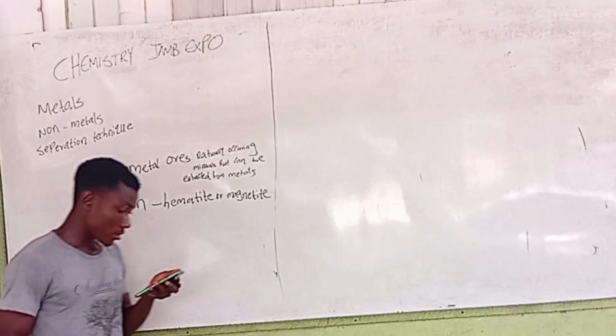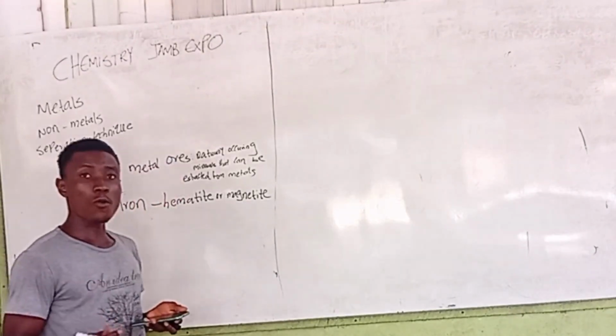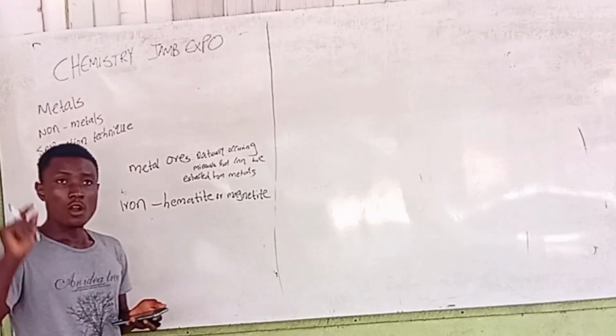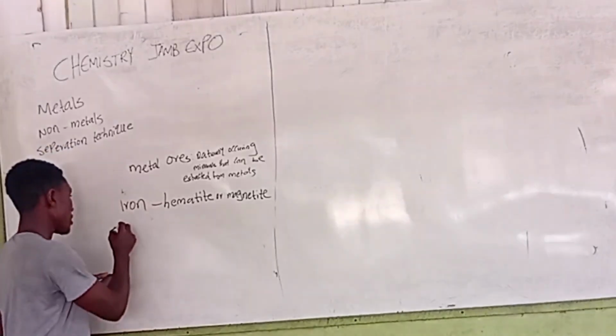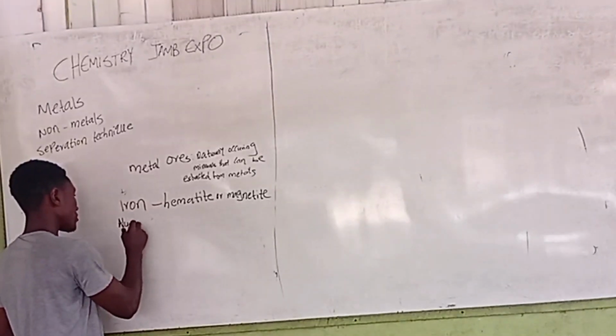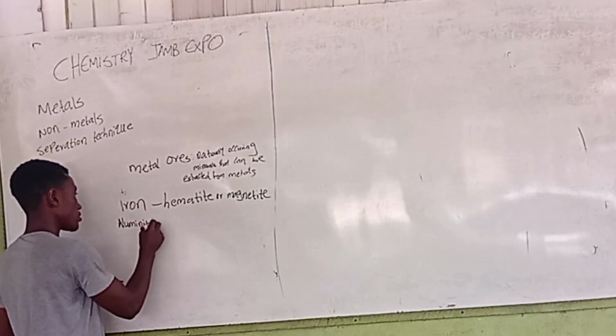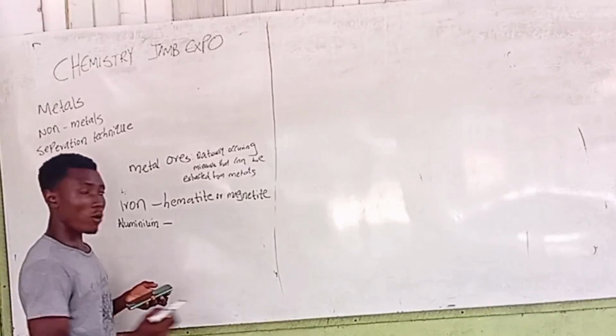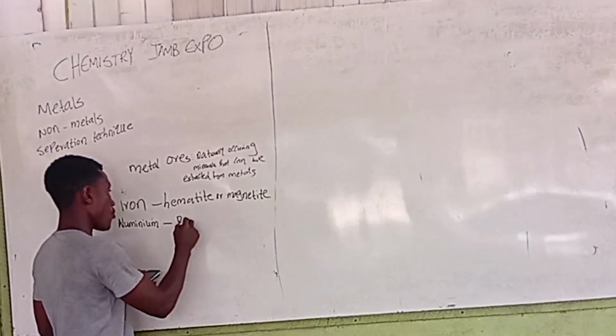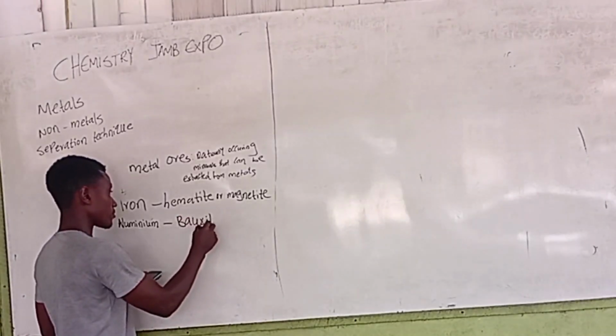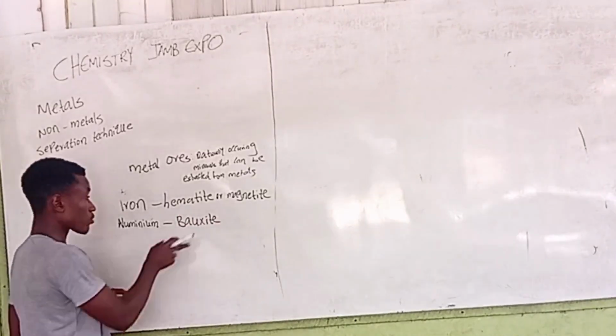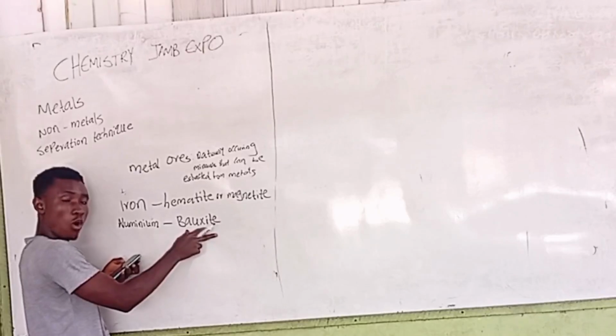Then the second one is aluminium. Aluminium comes from an ore that is known as bauxite. That is what is known as aluminium ore.